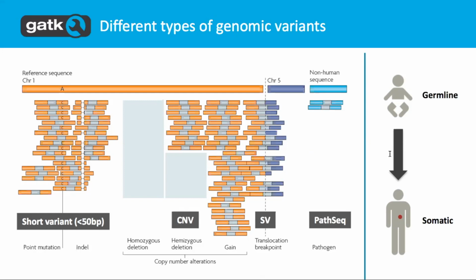As a side note, we also have tools for determining pathogens in your DNA, and we have a tool called PathSeq that takes care of that for you in case you think that you might have some kind of contamination in your sample. And for each type of these variants, we have different pipelines for doing germline analysis or somatic analysis.